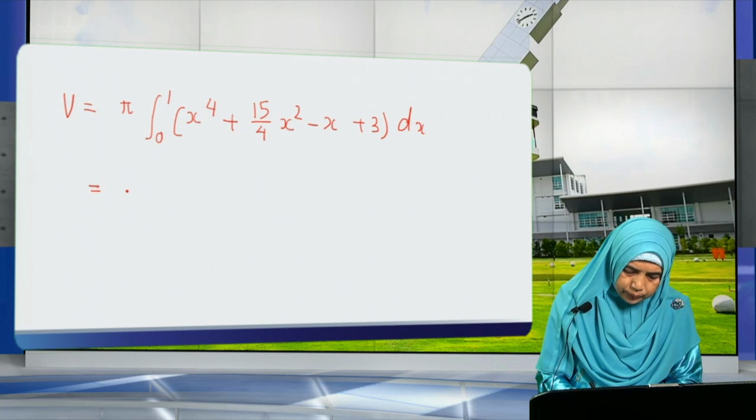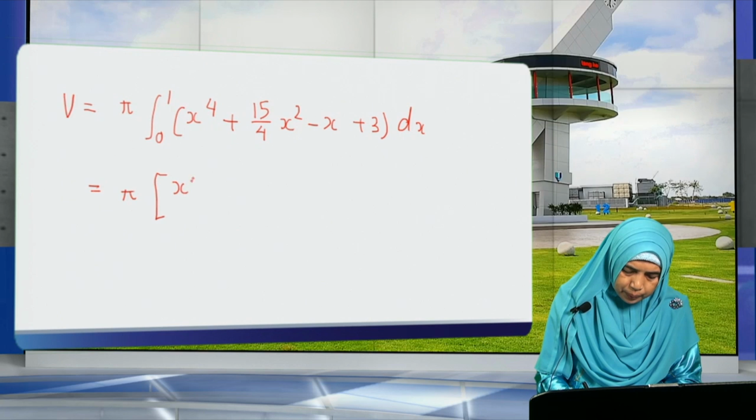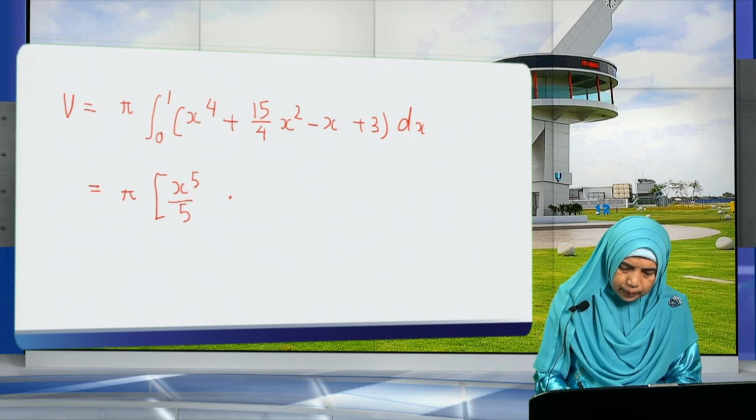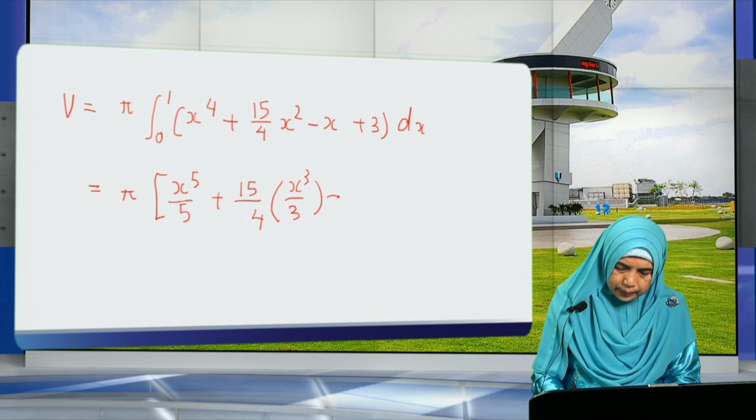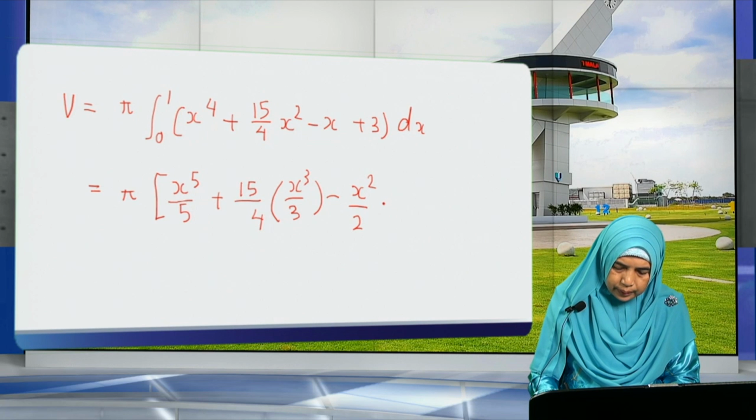Integrating x to the power 4, we get x to the power 5 divided by 5. Then 15 over 4 times x squared, integrating gives x to the power 3 divided by 3. Minus, integrating x gives x squared divided by 2, and integrating 3 gives 3x.